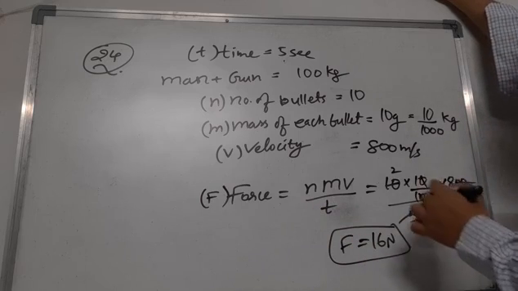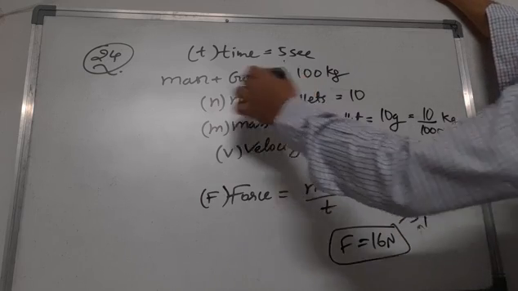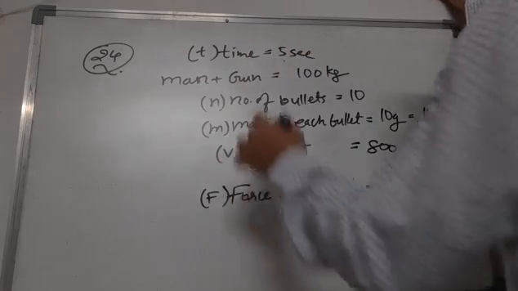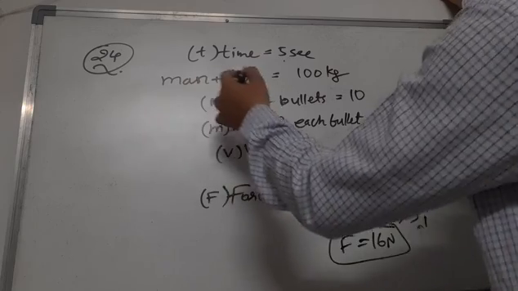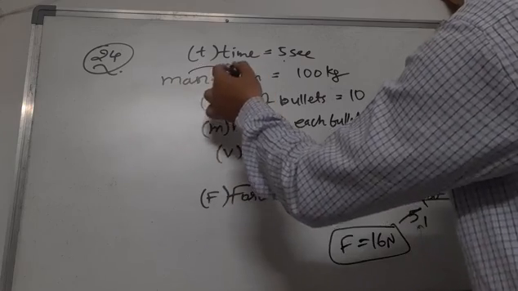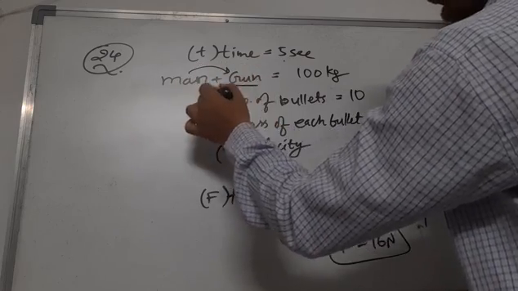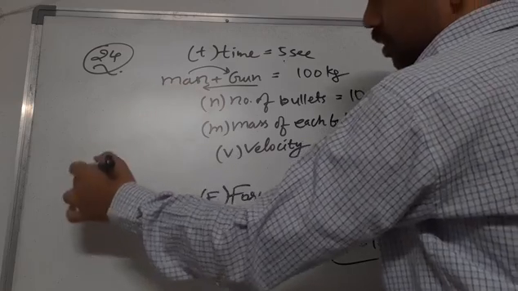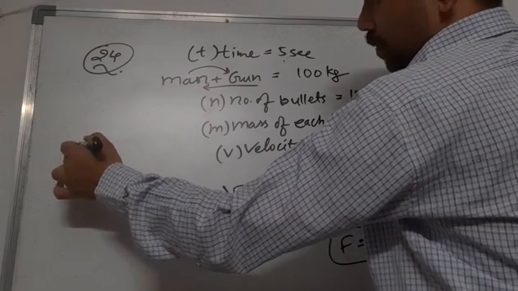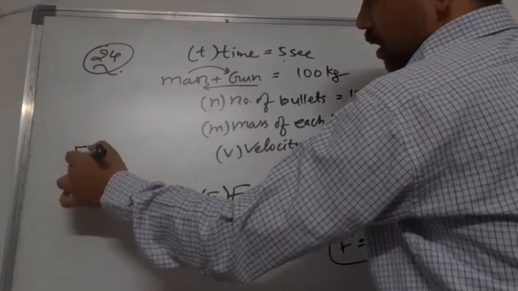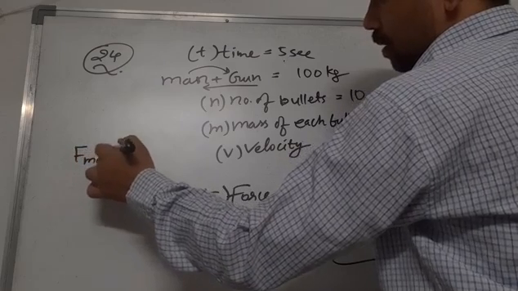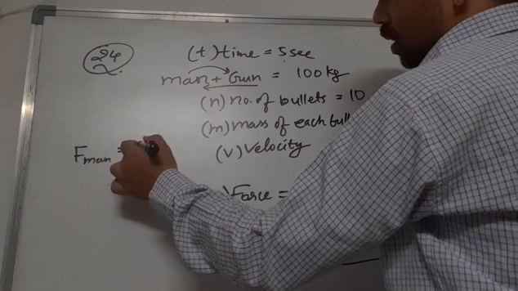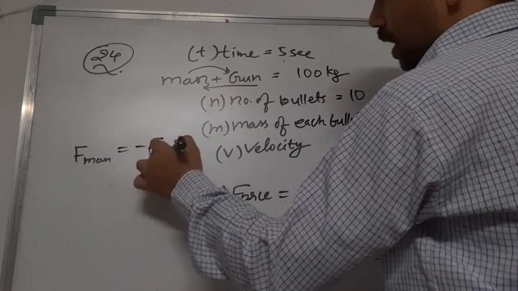Now he is asking with how much velocity this man and gun are pushed back, because the man is catching this gun. How much velocity is delivered onto the man, he is asking. So the force exerted on the man must be equal to minus the force exerted by the bullet.